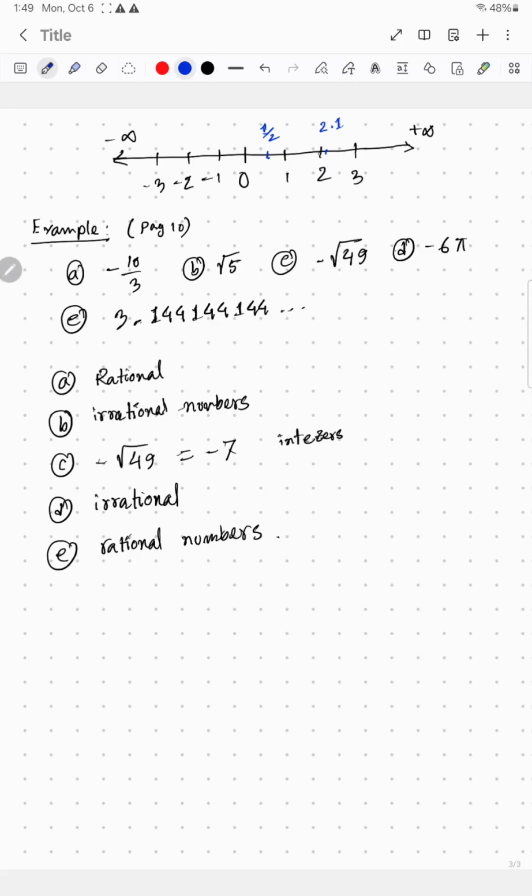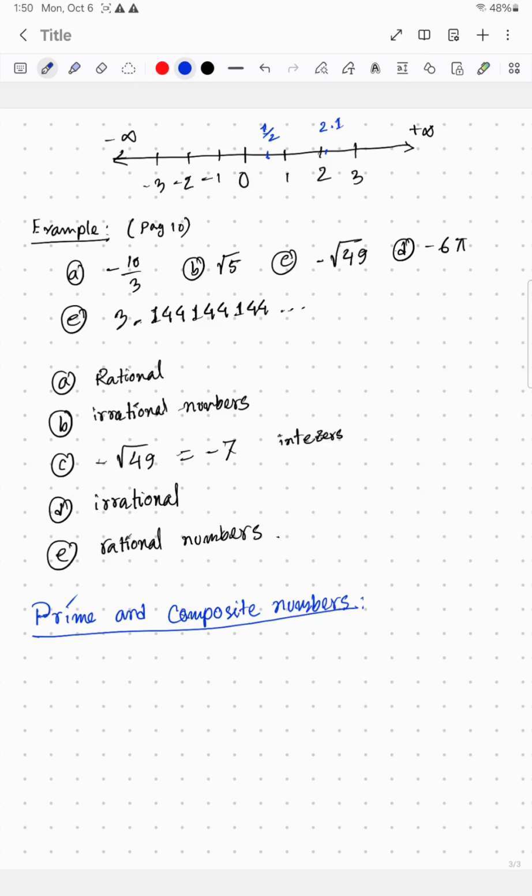Okay, now we pick a new topic. It says prime and composite numbers. So if a natural number is divisible by another natural number, okay, what do I mean by divisible?